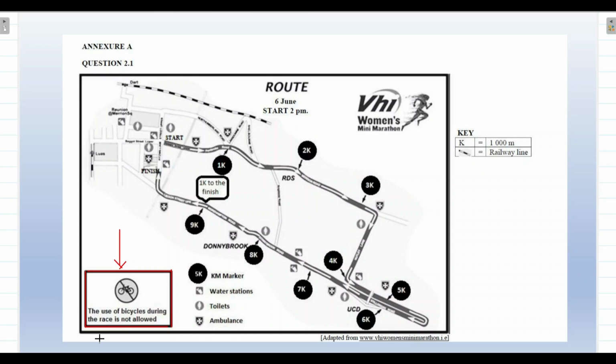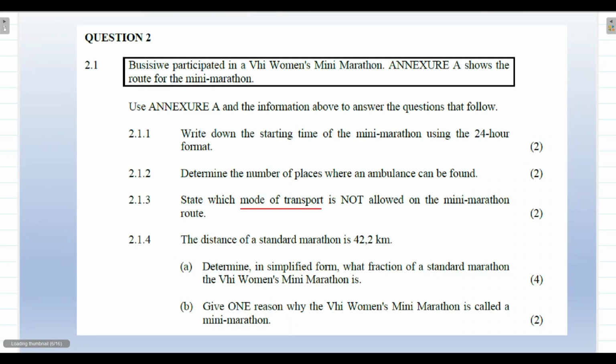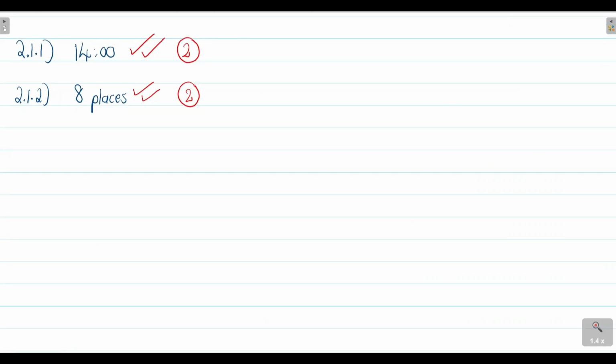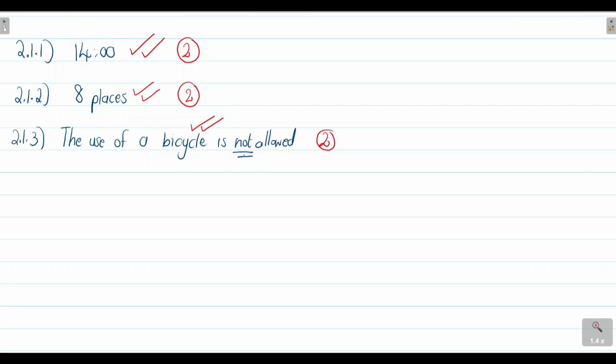So we can see that they said the use of a bicycle during the race is not allowed. So that is exactly what we are going to write down for question 2.1.3. And same thing here, for just giving the answer that the use of a bicycle is not allowed, you'll get your 2 marks. Right? Happiness. Let's go to question 2.1.4.